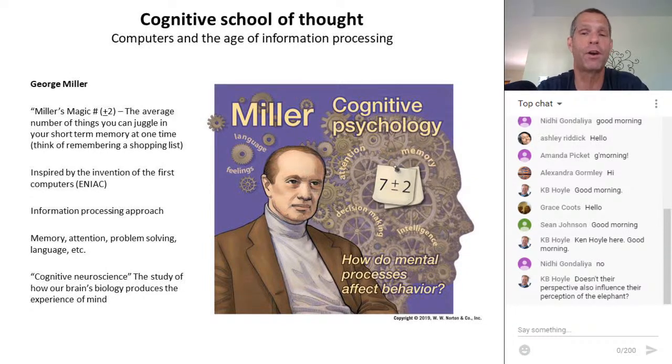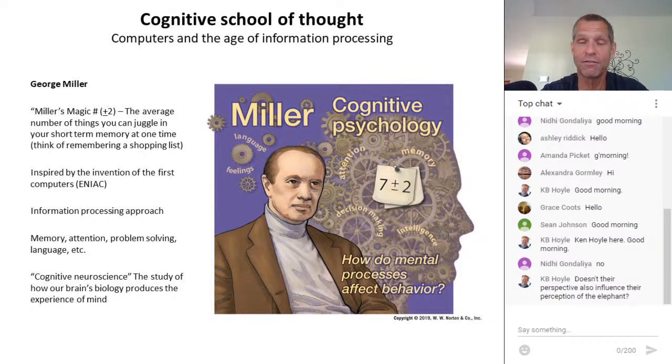Now, the first computer was invented in the late 30s, early 40s, and as soon as it was invented, people said, wow, we should think about human beings as being similar to computers in that they have instructions inside, like operating systems. The third approach to psychology is called the cognitive school of thought.